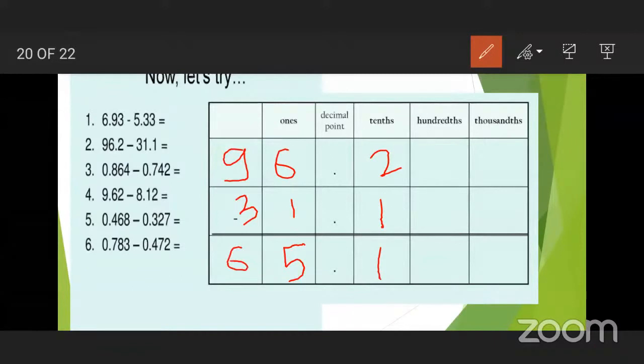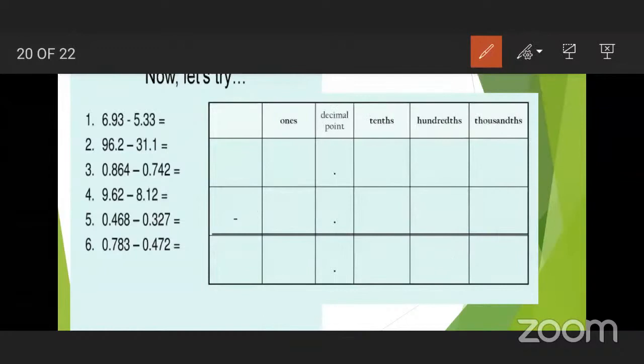Okay, so we will see here the blank columns. We will put zeros here. But while writing outside the box, we will write only 65.1.